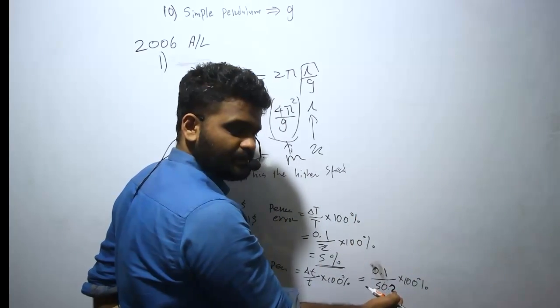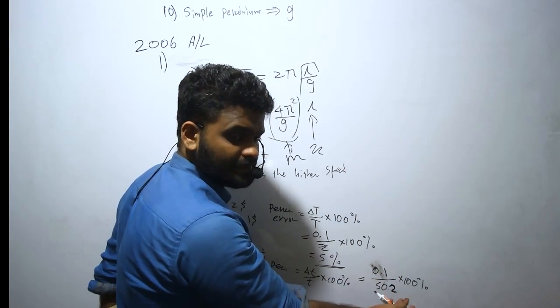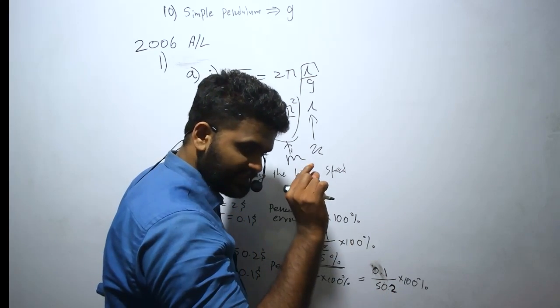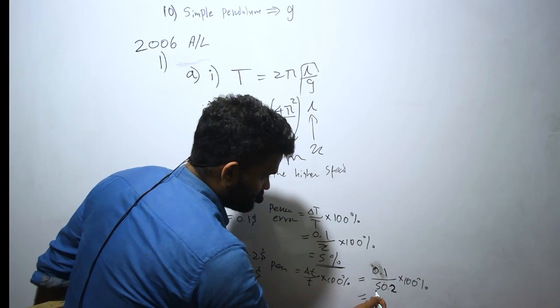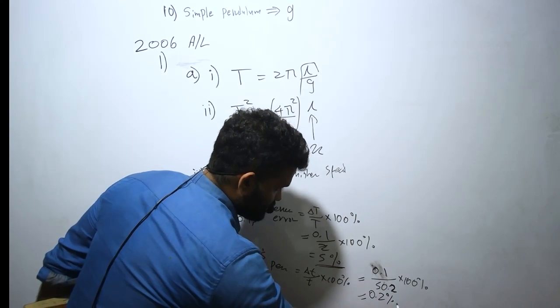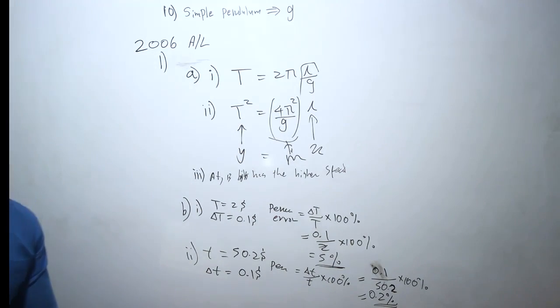For the first decimal, we get the same value whether it is 50 or 50.2, so better to take 50 there. So it is 0.2%. That is the fractional error.